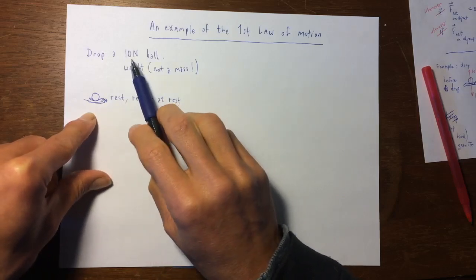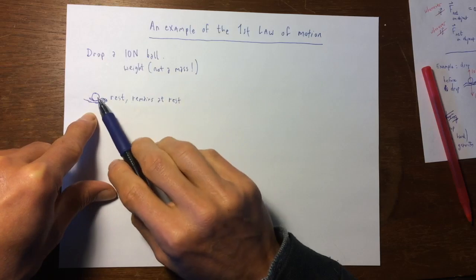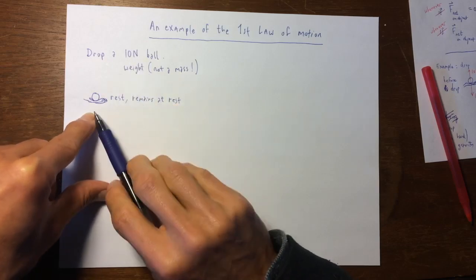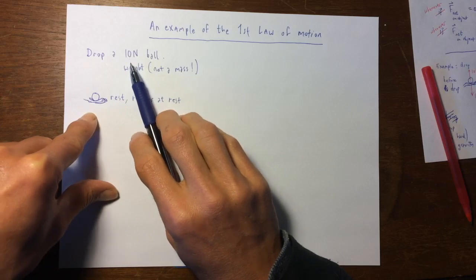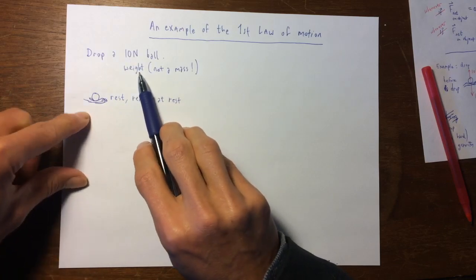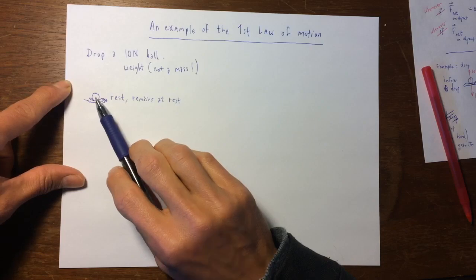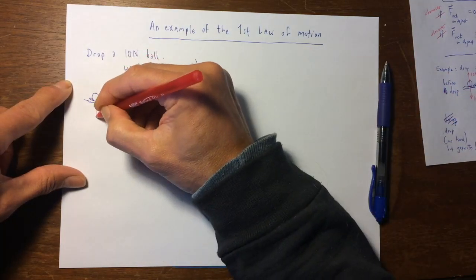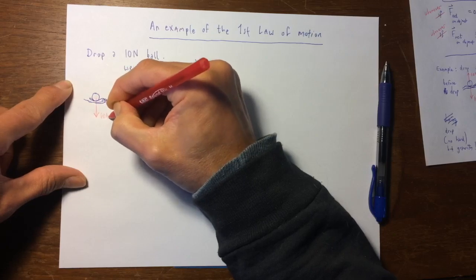But I just told you that there's actually a couple of forces on this ball. There's also a force by the Earth pulling down on the ball. This 10 newtons of force by the Earth, we call the weight force. So there is a weight force acting downwards on the ball, 10 newtons.